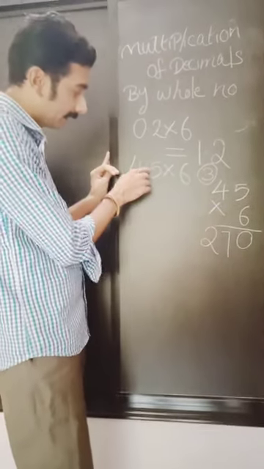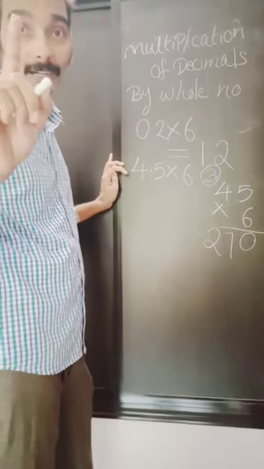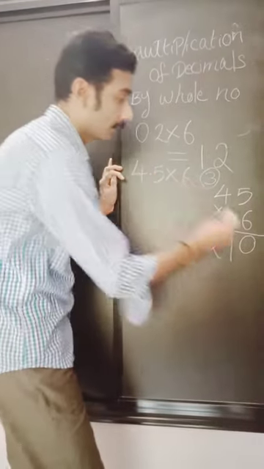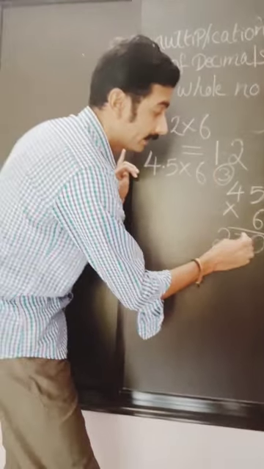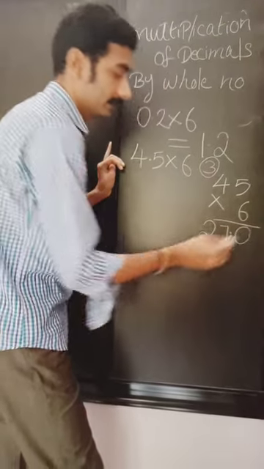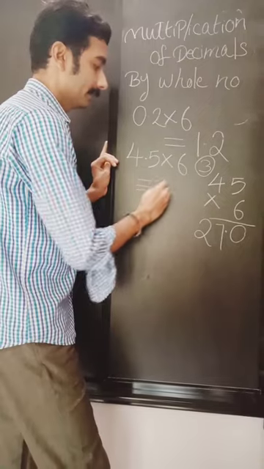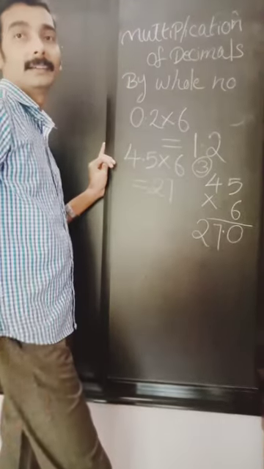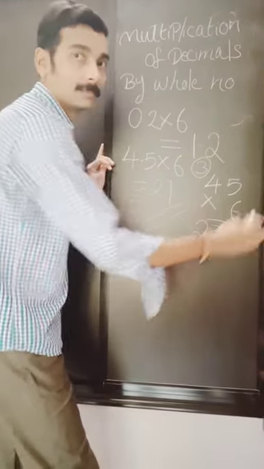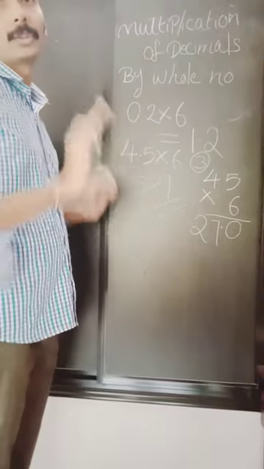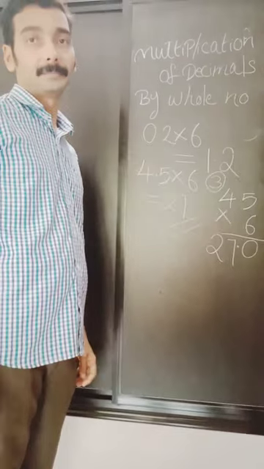But it is one place of decimal. We put the decimal this side. That is, the result is 2.7. Clear?